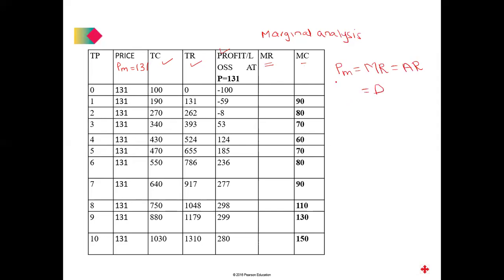Whatever the price is in the market will also be equal to the marginal revenue of the single seller. In this case, the price in the market is 131, so the marginal revenue will also be 131. We can easily fill this column by writing 131 for all the levels of production.